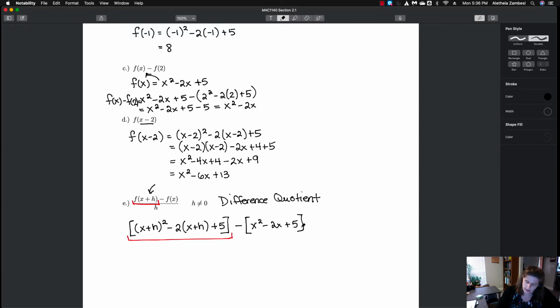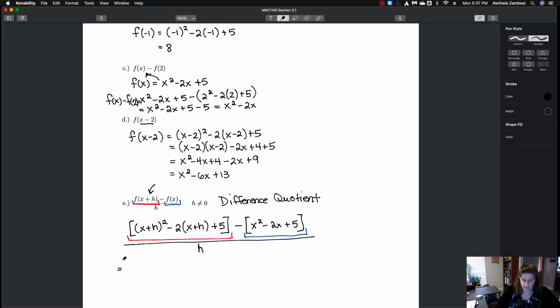This part is f of x, or the original function. The last part of the equation is that it's all divided through by h. Now that h is going to sit there on the bottom until we get to where we can simplify it out. I'm just going to let it tag along for the ride.